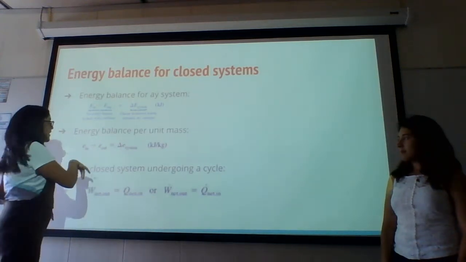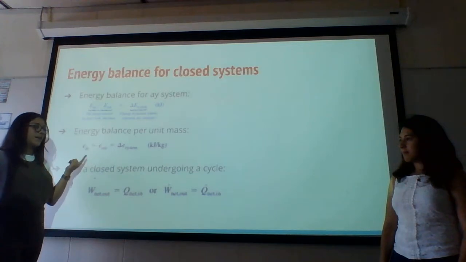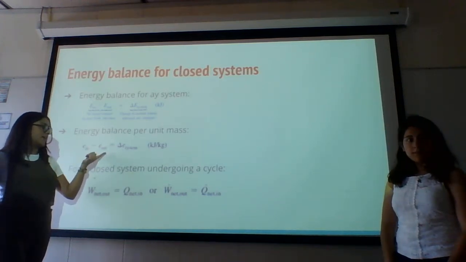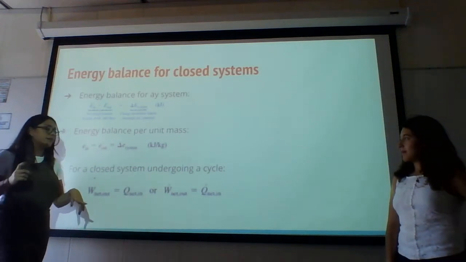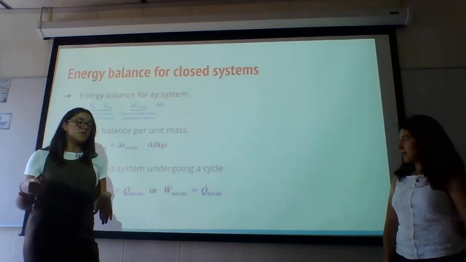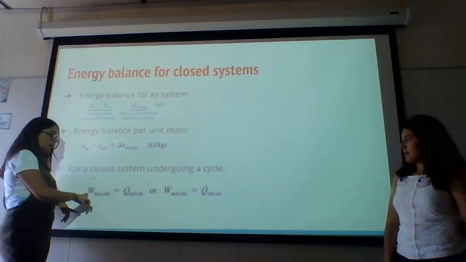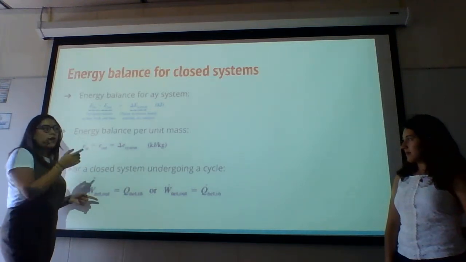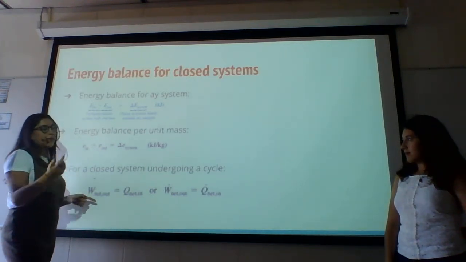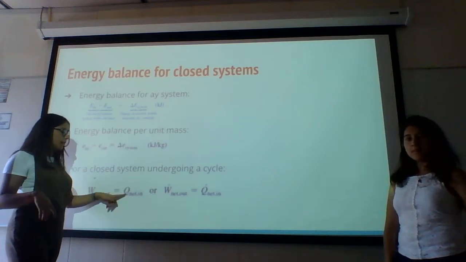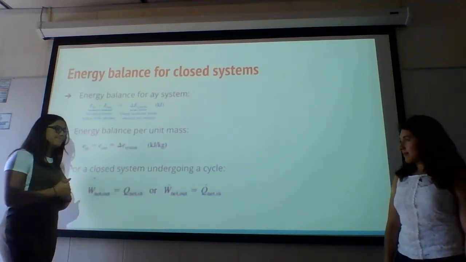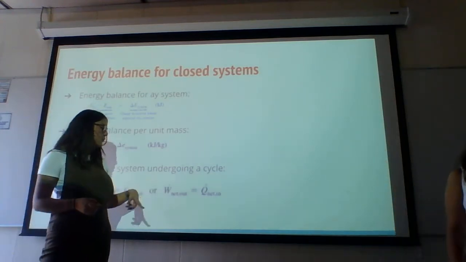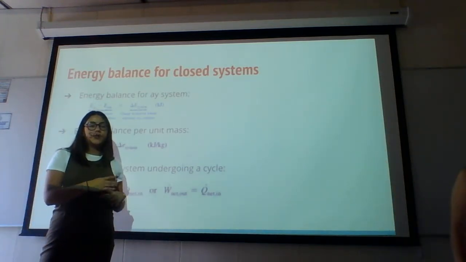It's going to be the same: the e in minus the e out is going to be the e difference in our system. And for a closed system that is undergoing a cycle, we're going to have the work net, that is the work out minus the work in, equal to the Q net, which is also the differential. And we put the little dot whenever it's over a period of time.